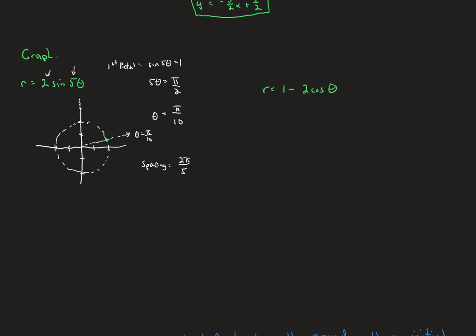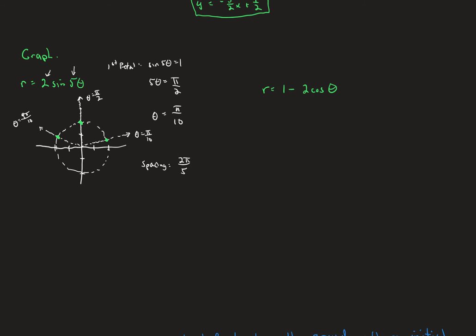So that's going to be here at theta equals pi over 2. That's going to be the end of our next petal. And then we add another 4/10 to that, so that's 9/10. So we're going to be over here at theta equals 9 pi over 10, and that's going to be another endpoint of that petal.